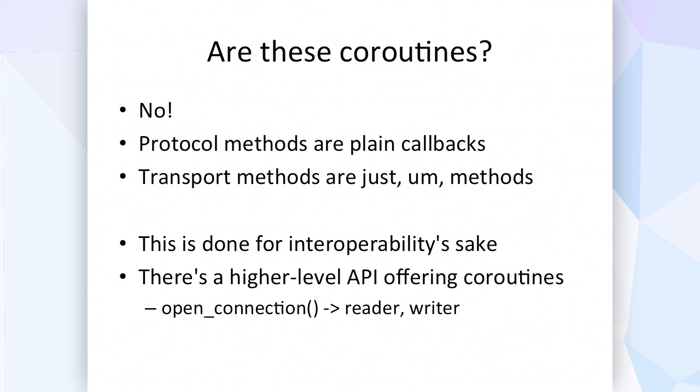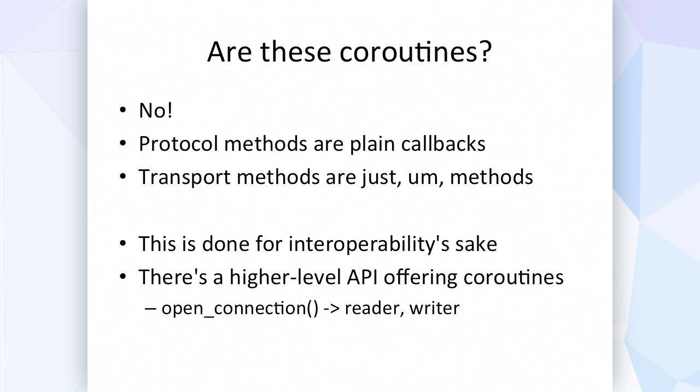We do a little trick with the event loop in some cases, so that when one of your tasks is already active, the transport can't suddenly call you back. But when the transport suddenly decides that it has to call you back, it actually uses the event loop's call_soon mechanism to schedule that callback at the next tick. When you call a method on a transport, that's just a method call.